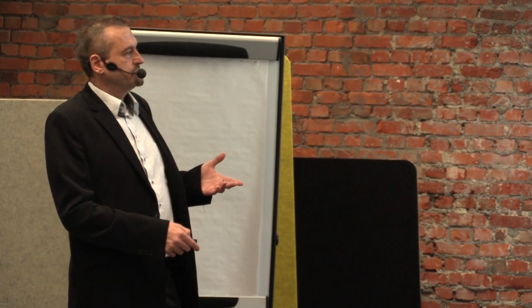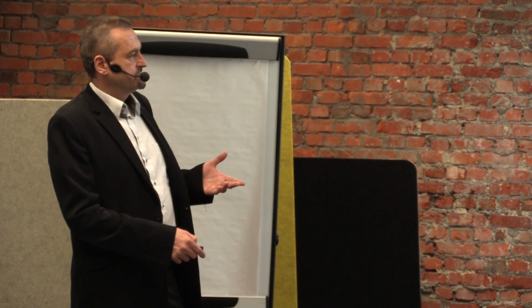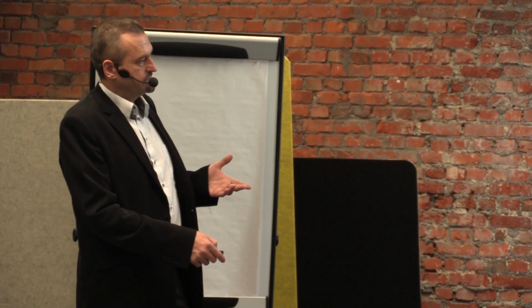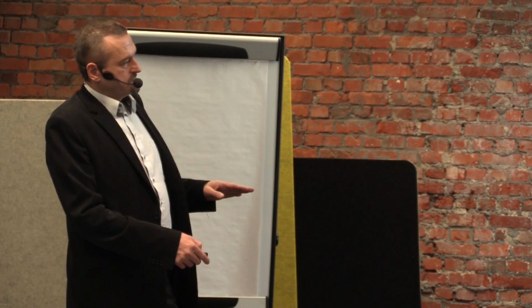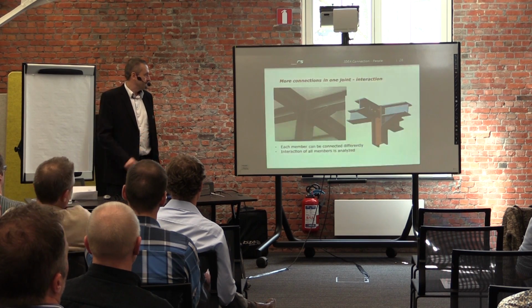So we introduced so-called manufacturing operations, and when you construct the connection, you use cuts, stiffeners, haunches, ribs, end plates, shifted end plates, stops, splice connections, gusset plates for hollow sections, fin plates, cleats, openings, splice plates, base plates, and also some general operations.